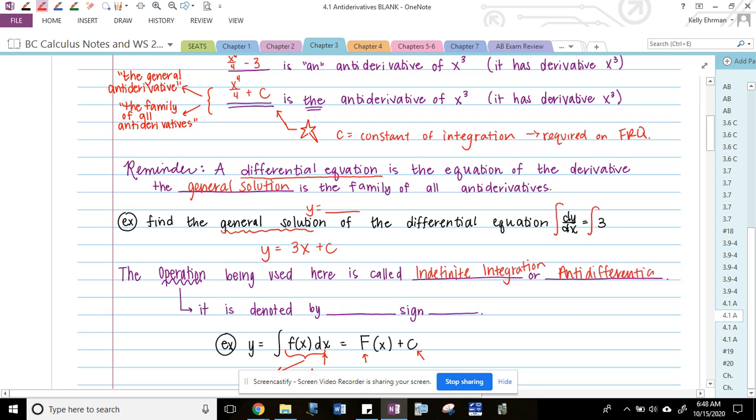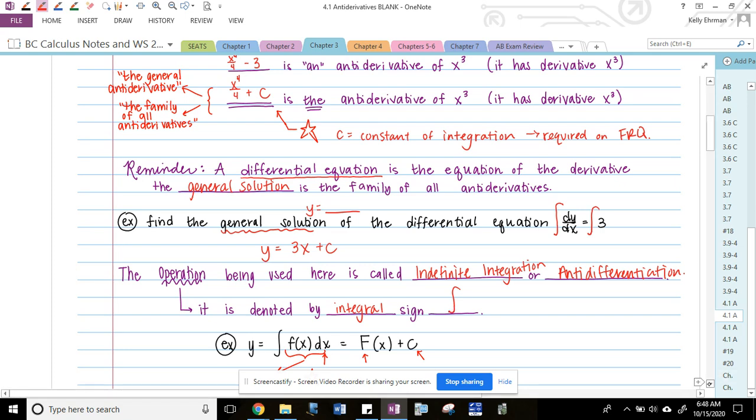Because remember, if a function has a derivative at a certain point, it's differentiable at that point. So now we're saying if we can take an integral, then we're doing antiderivative, so anti-differentiation. It's denoted by the integral symbol, which looks like this.